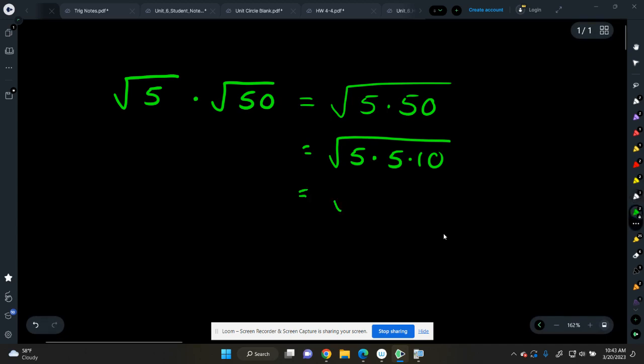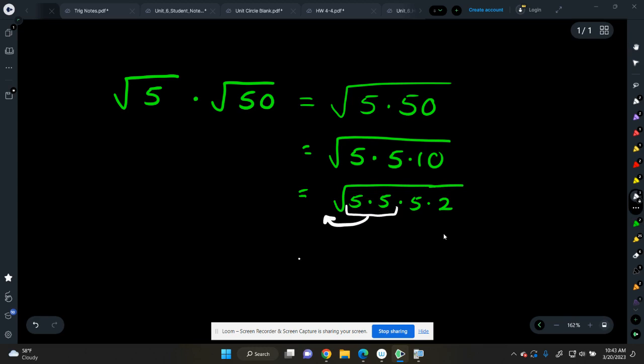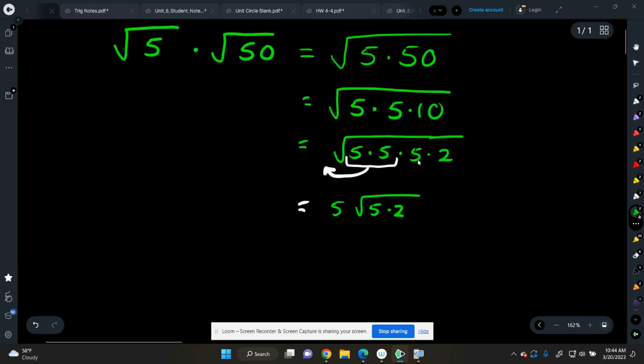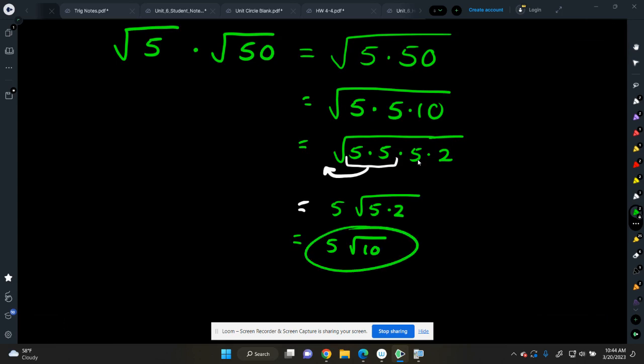So we've got the square root of 5 times 5 times 5 times 2. So we take the pair. Anytime you have a pair, you take them out, right? So this becomes 5 times the square root of 5 times 2. Can't do anything with 5 times 2. So we just have 5 square root of 10. And that's our answer.